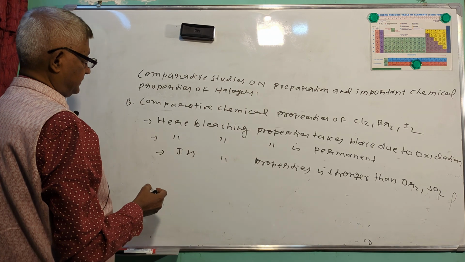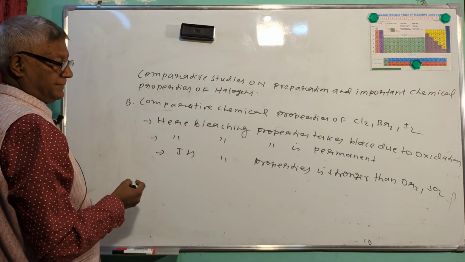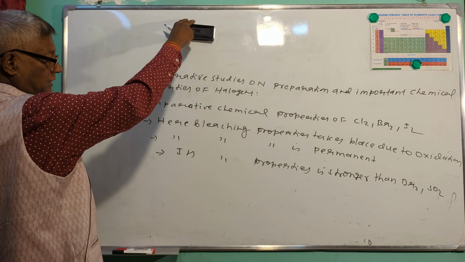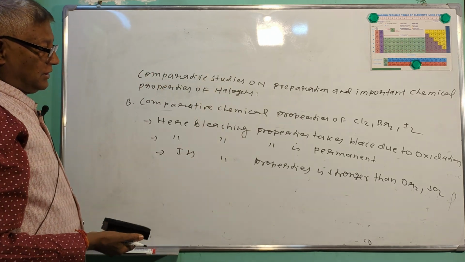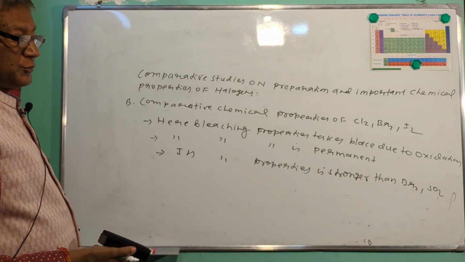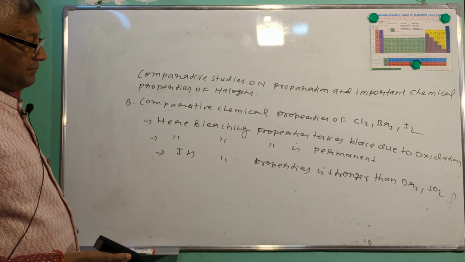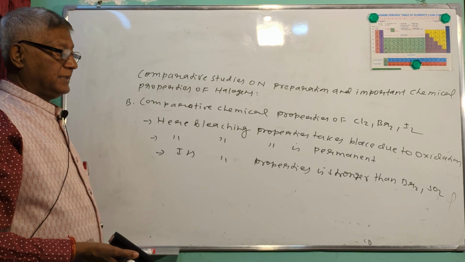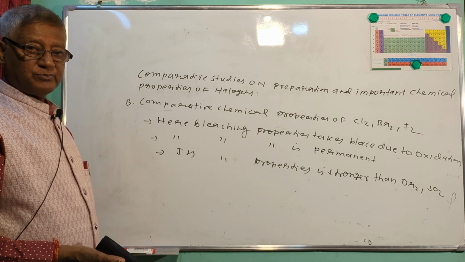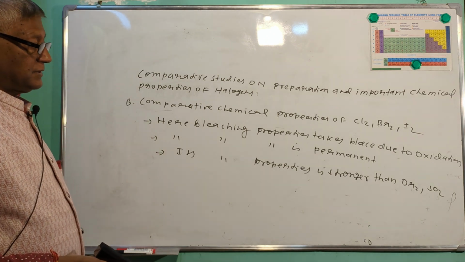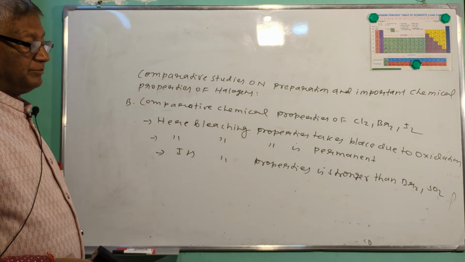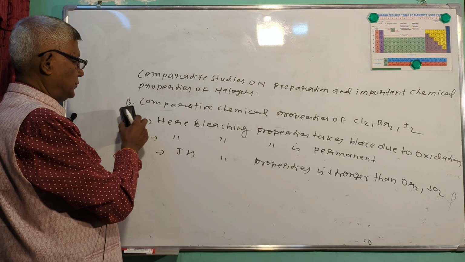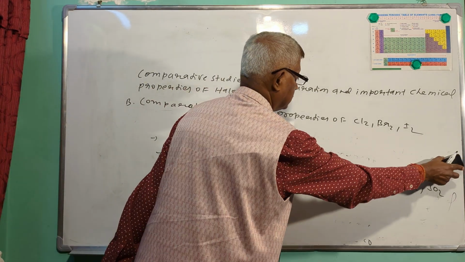So that is about chlorine. Three points we have to remember over here. Bleaching takes place due to oxidation. Bleaching is permanent, so we cannot reconvert it into the original position. Its bleaching property is stronger than bromine and SO2. I have already talked about SO2.